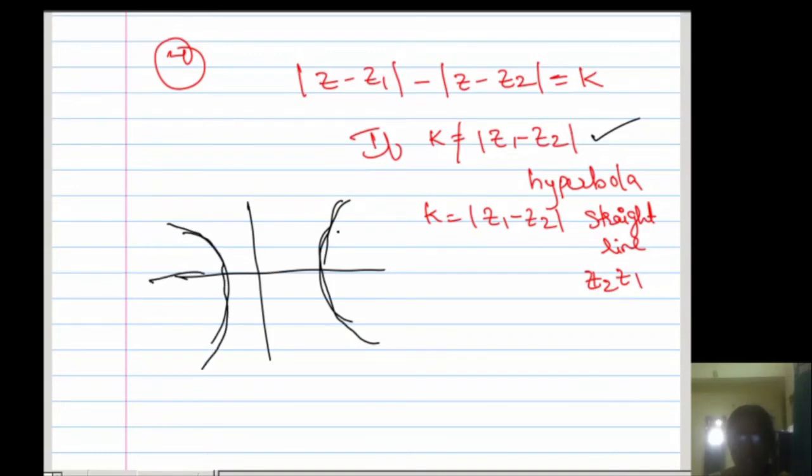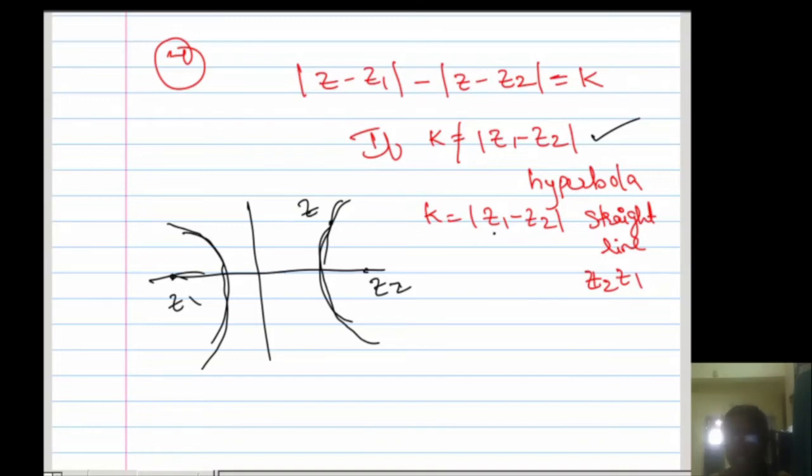So, as an example, somewhere Z lies here, if it is Z1, if it is Z2. Mod Z minus Z1 minus mod Z minus Z2 is equal to K. If K is not equal to mod Z1 minus Z2, then Z does not lie on the straight line; somewhere it lies outside.